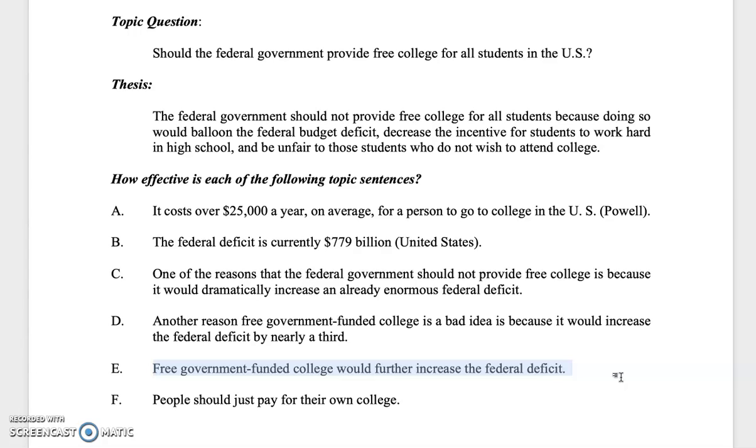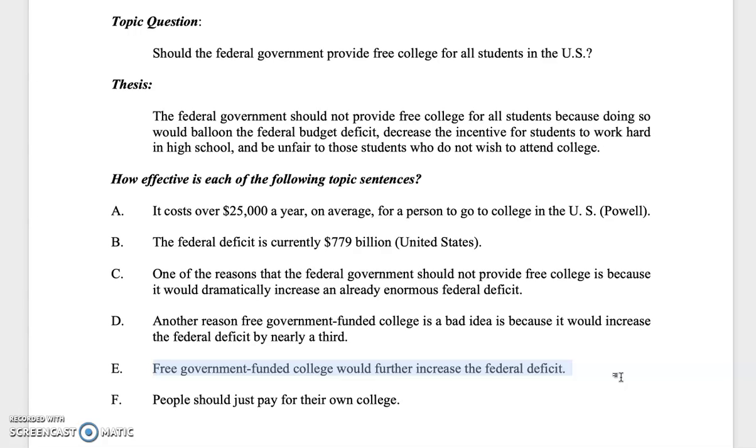So that's another kind of structure you can use. You can say whatever the topic is would be good or would be bad. That kind of structure will let people know that you're giving a reason either for or against that stance.